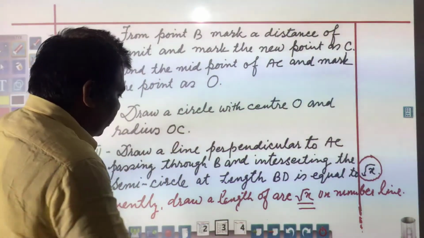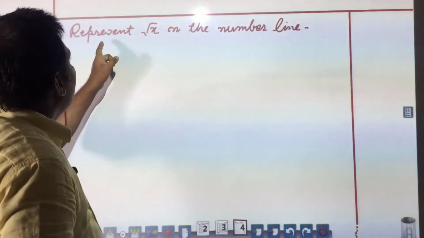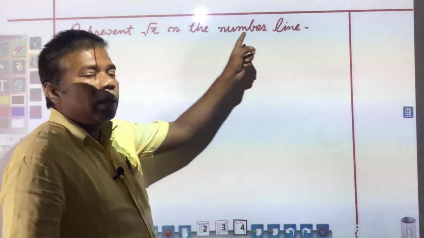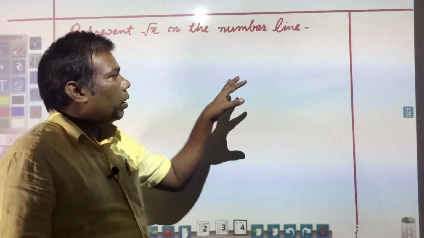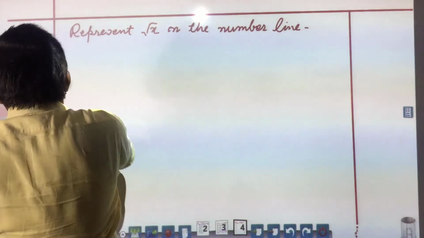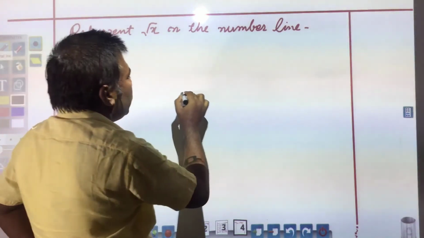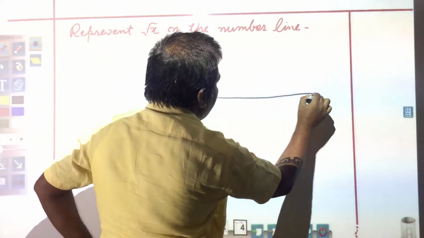So, let us see how it will be done. Here you see, represent root x on the number line. Roughly I am making you understand how it will be drawn. What you need to do, as was told, is take a straight line like this.